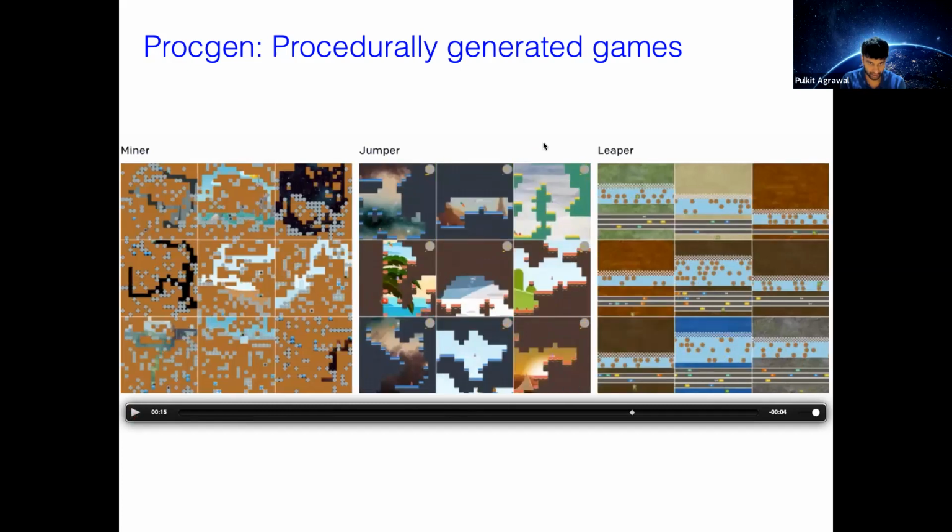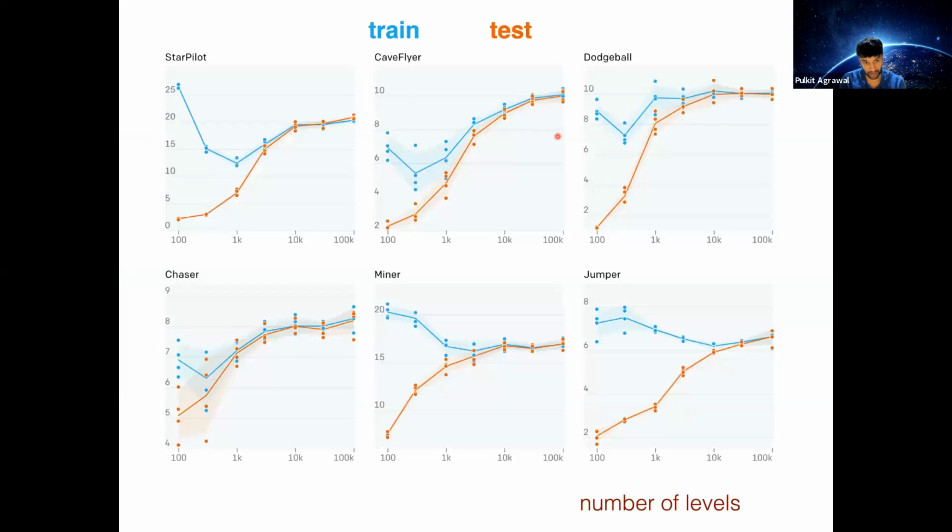Now you can train RL agents with a varying number of levels. As you would see, if you are willing to train for around 100,000 levels of the same game, then the training performance, shown in blue, and the testing performance, shown in orange, end up matching.